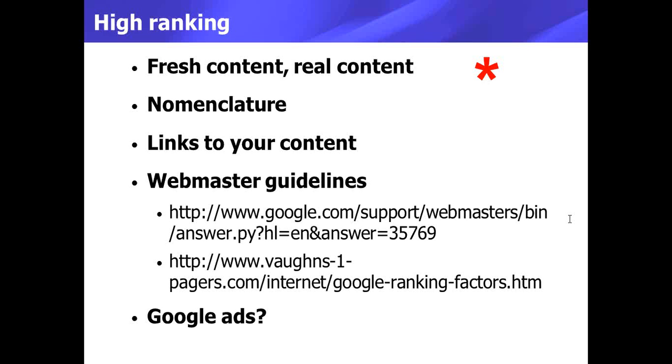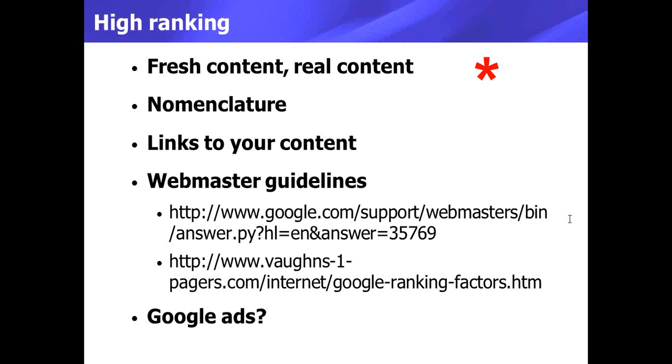An interesting site you can look at is that Vaughn's website that I mentioned there, where they've looked kind of anecdotally, empirically at what happens when you change certain things on websites and how does that affect Google ranking. And it's just kind of interesting to look at how much is there.